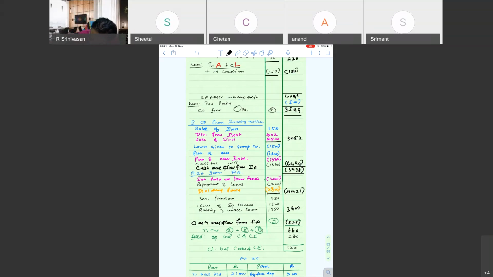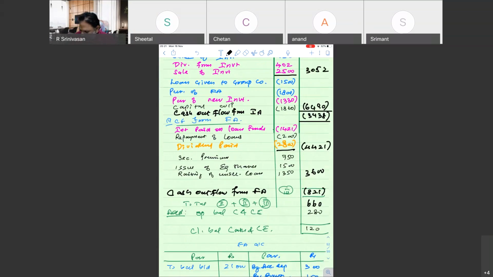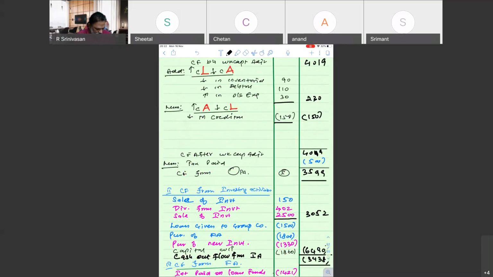So here you are supposed to get 280 minus 120, so you are supposed to get 160 here, so there is a difference of 500. I don't know, you have to total it. There must be some printing error in this.